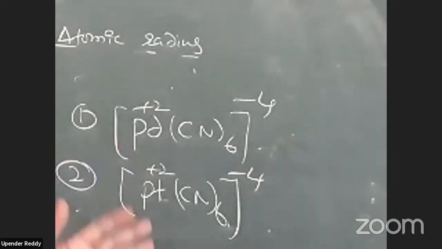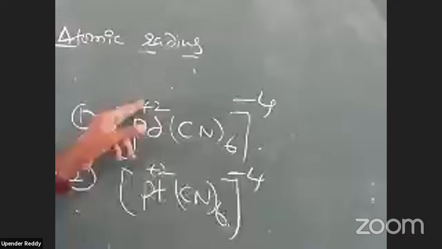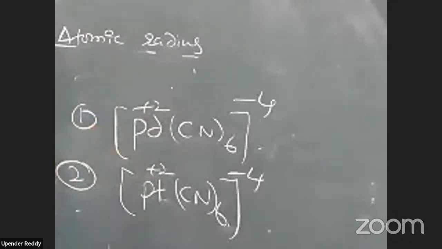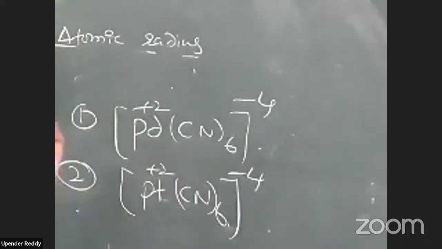What is the difference here? -4, -4, complex and charge are the same. Same ligand, same ligand atmosphere. Oxidation state same. Only palladium and platinum, the elements, are different. Yes, the size is different. Now tell me, which is more stable according to your knowledge? Either 1 or 2.